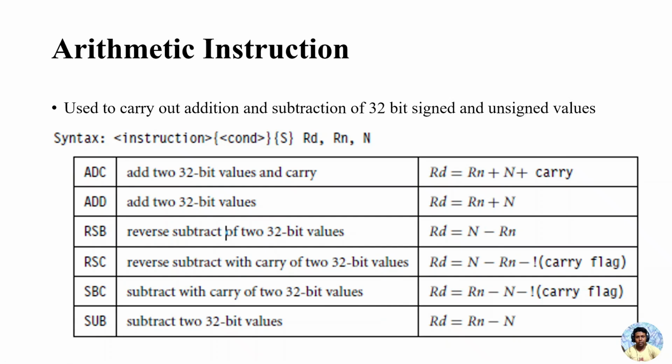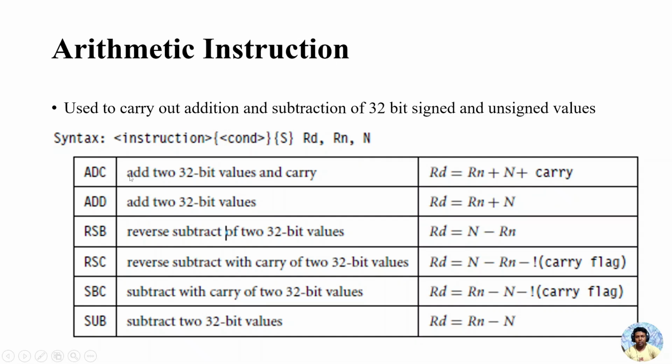Arithmetic instructions are used to carry out addition and subtraction of 32-bit signed and unsigned values. Syntax: instruction, condition, S suffix, Rd is the destination, Rn and N are the sources.